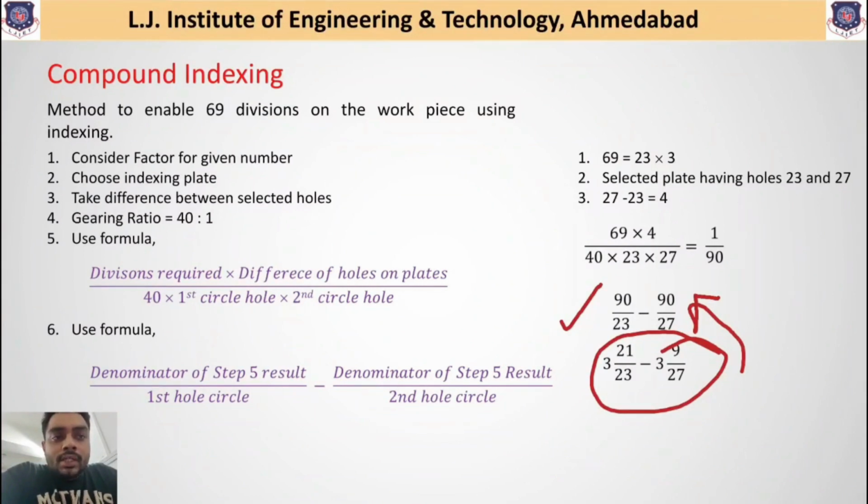That means 23 into 3 is 69, plus 21 divided by 23, that will give you 90 divided by 23. And similarly for this second case also you can obtain 90 divided by 27, but always try to convert these above details in below given form, because this will help us to interpret the result of this compound indexing method.